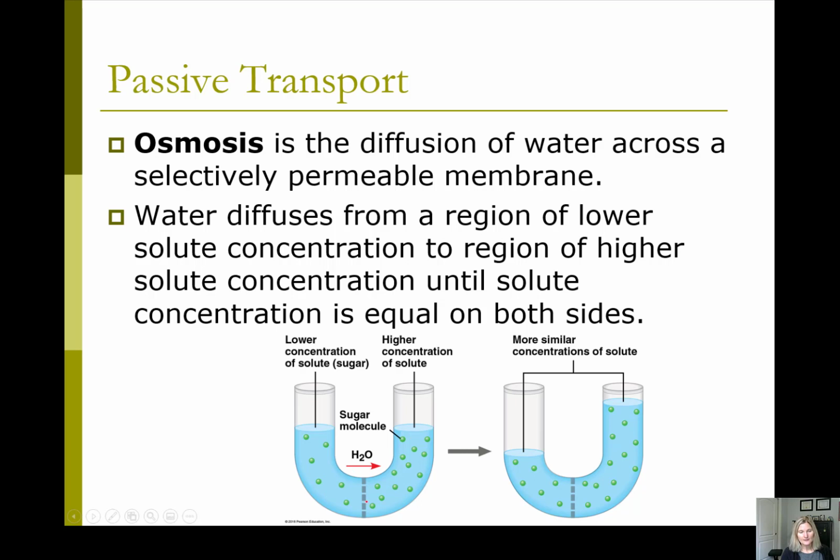On the other side of the membrane, we have the same thing, water, but a higher concentration of solute. Because there's more solute in this amount of water, technically there's less water, because the ratio is more solute to water.